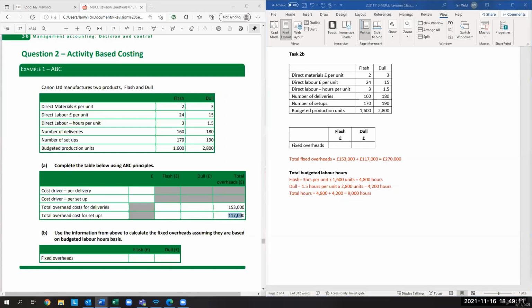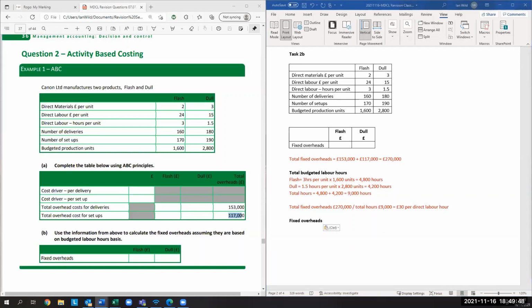So if we divide our total overheads of 270 grand by our total hours, 9,000, as Jackie said there, we end up with £30 per direct labour hour. Great. That's effectively our overhead absorption rate, isn't it? We've got our £30 per direct labour hour. We can then use that to work out our reallocated fixed overheads.